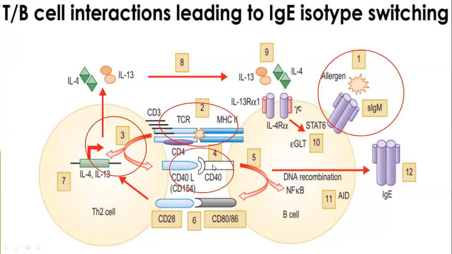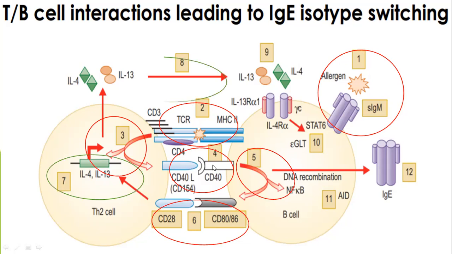Once that second signal comes in, there's activation of the third signaling molecule on the B cell, which will ensure DNA recombination. Then we have all the other processes coming in to ensure complete B cell activation.